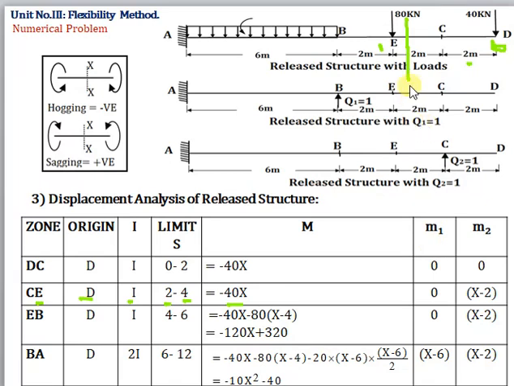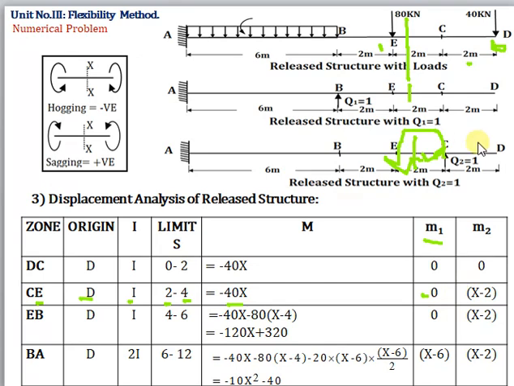Next is the release structure with Q1 is equal to 1 for M1. So no load, so it will be 0. Next is Q2 is equal to 1, the redundant Q2 is equal to 1. So now there is a redundant force toward the right hand side. The distance is x and it rotates in which sense? In an anti-clockwise sense. So it becomes positive.